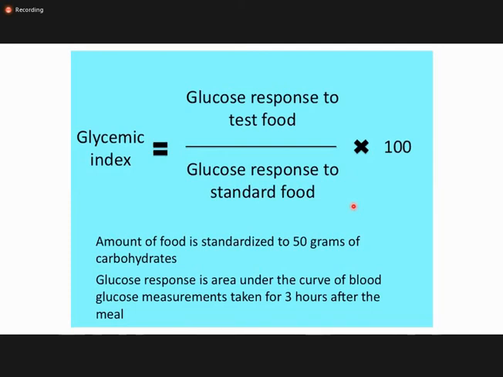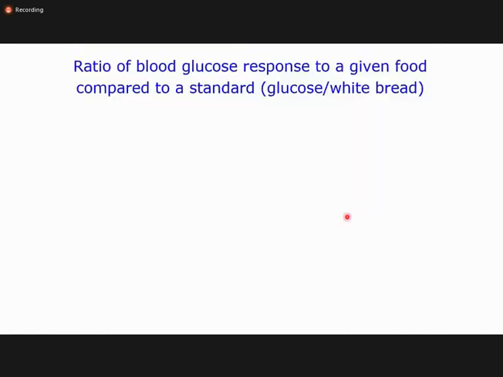So it's a ratio of blood glucose response to a given food compared to a standardized food. A standardized food can be free glucose or white bread containing 50 grams of glucose.